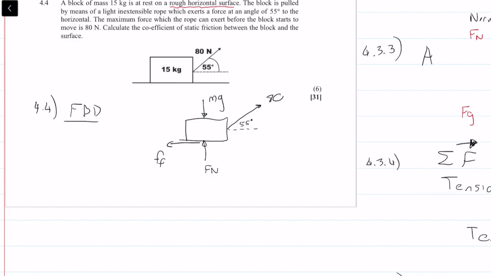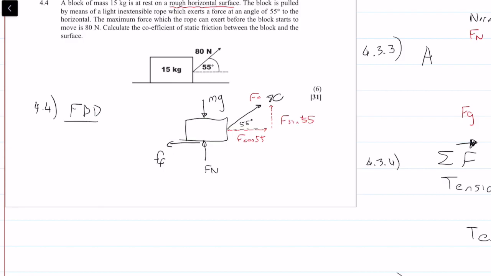Then I'm going to put in these components: F parallel and F perpendicular. Let's rather name these. Let's say this value is F, so this is F cos 55, and this is F sin 55.